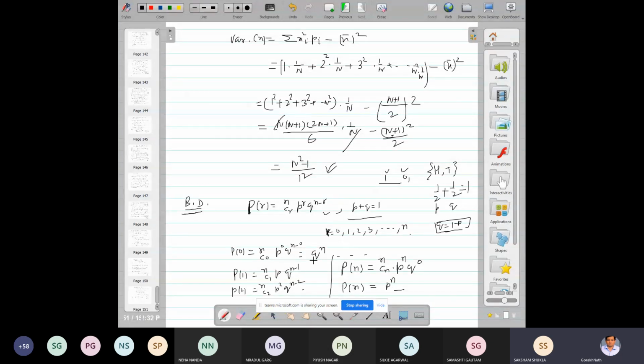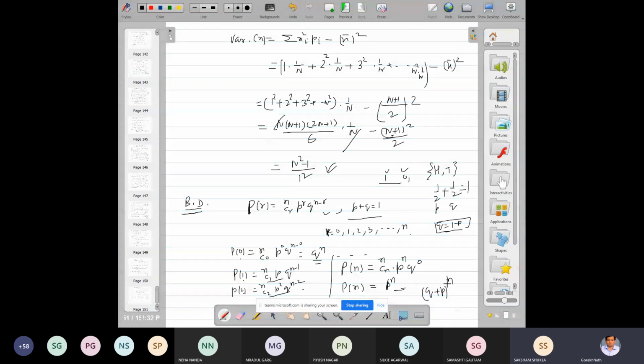Now consider these terms: q to power n, nC1 p q to power n minus 1, nC2 p square, nCn equal to p to power n. So the probabilities of 0, 1, 2 and n successes are nothing but the terms in the binomial expansion of q plus p to power n.